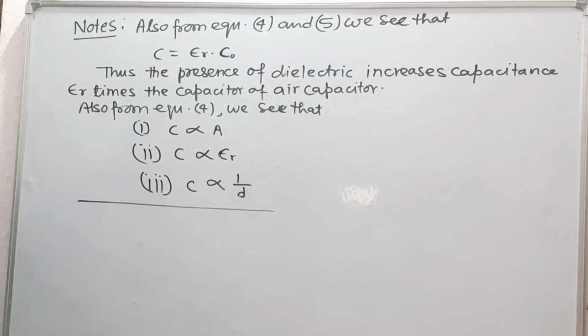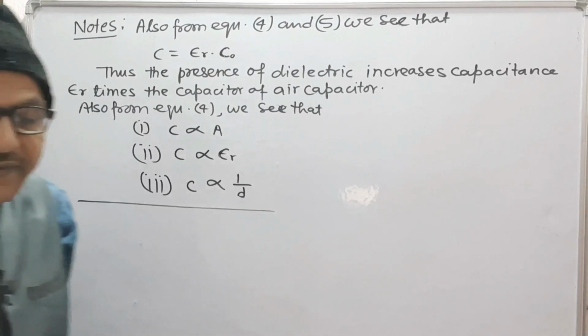Also, from equations 4 and 5, we see that the capacitance of a capacitor with dielectric is epsilon R times the capacitance with vacuum. Also, from equation 4, it is clear that the capacitance is directly proportional to area of each plate, directly proportional to the permittivity of dielectric, and inversely proportional to the separation between two plates.